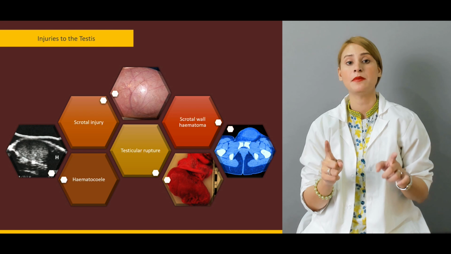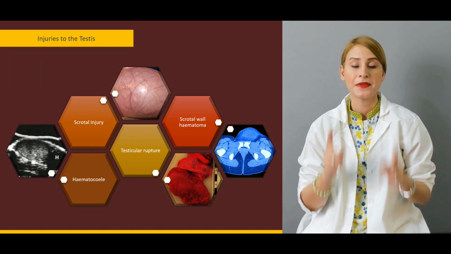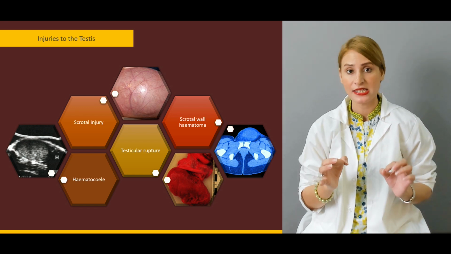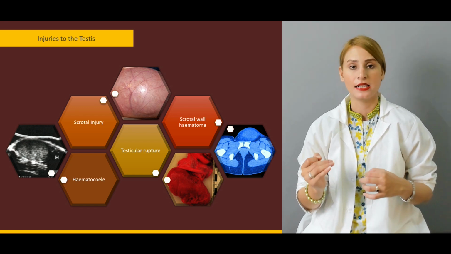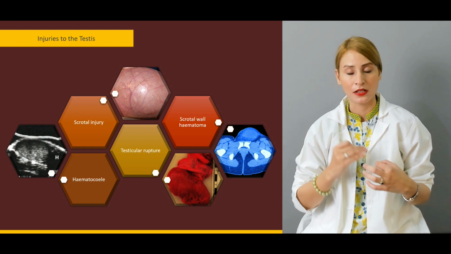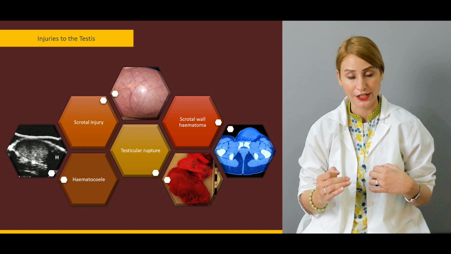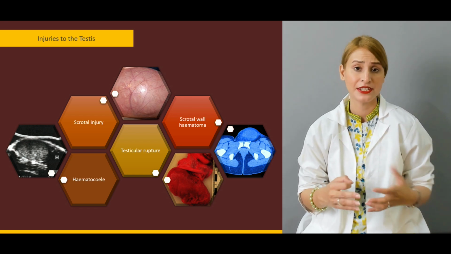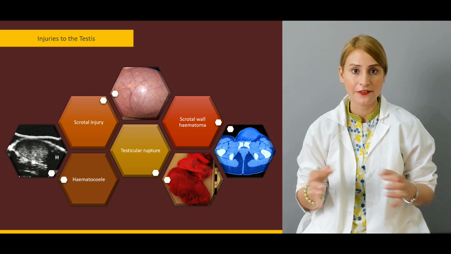But always keep in mind that testicular rupture is a surgical emergency, and it is recommended that within 6 hours of the presentation you should go for surgical exploration, because it can later lead to infertility. So this is something very important.